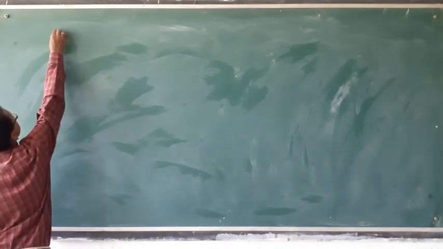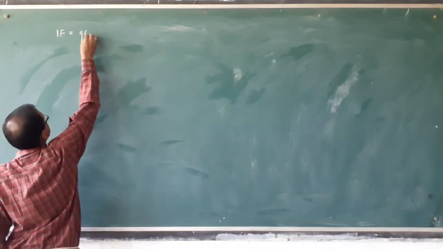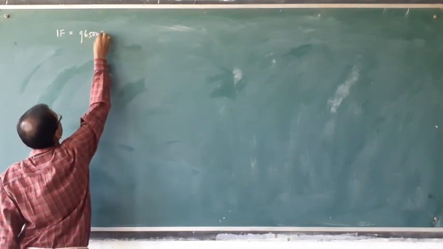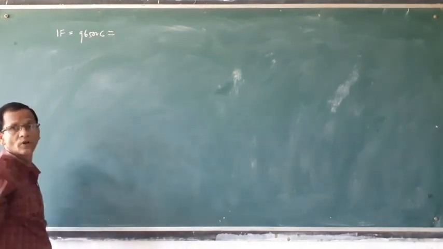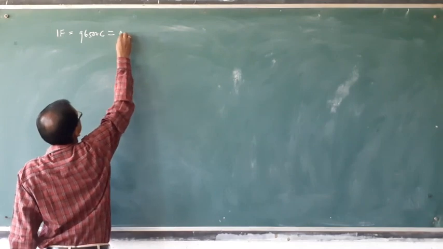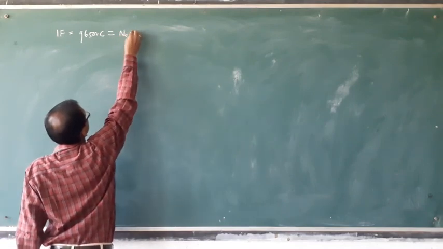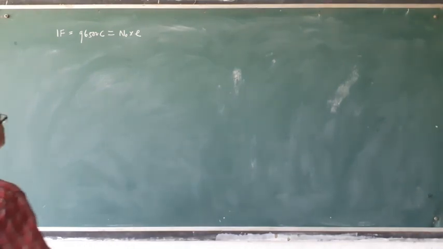One Faraday is equal to 96,500 coulomb, which is equal to the charge of N0 electrons. N0 means Avogadro's number of electrons.